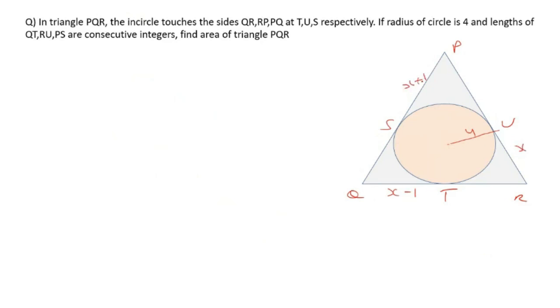Just to make the calculations a bit easier, we can take this, and this funda works across topics. Even in questions on AP and GP, when there are 3 numbers in arithmetic progression and you have to choose them, instead of taking A plus D, A plus 2D, it's always better to take A minus D, A and A plus D, so that the calculation gets a bit easier.